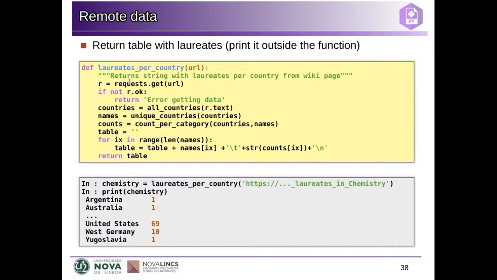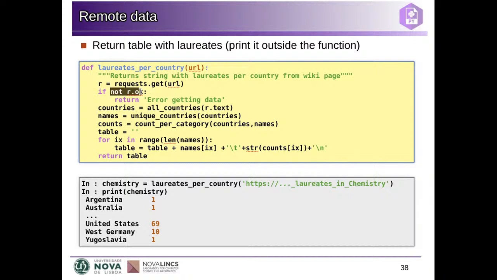Okay, so let's look at this in different parts. First, the name of the function and the parameter that receives the argument we need. We want to make this general, not only for chemistry, but for different Nobel Prizes, so we receive the URL here. We start by requesting, by getting this page from the internet and checking if everything went well.